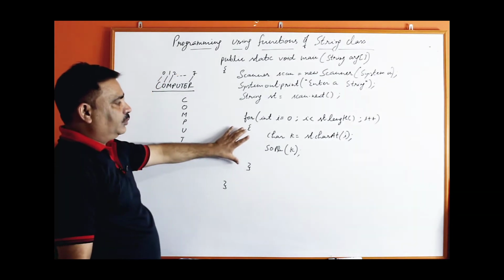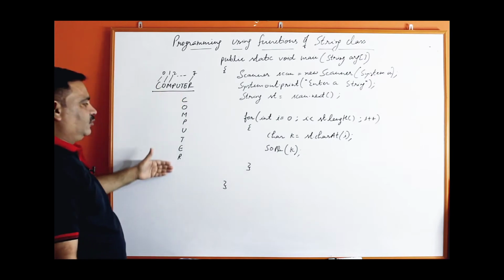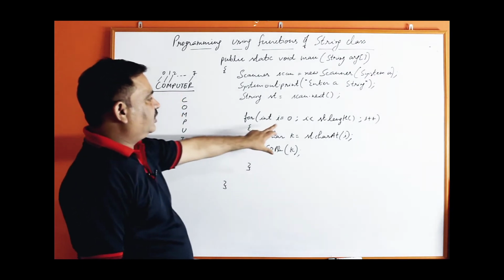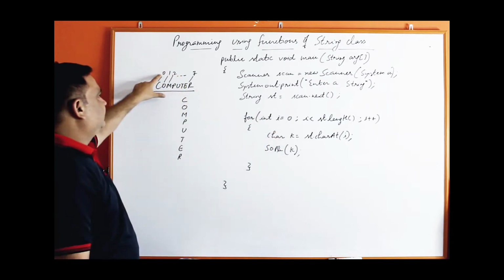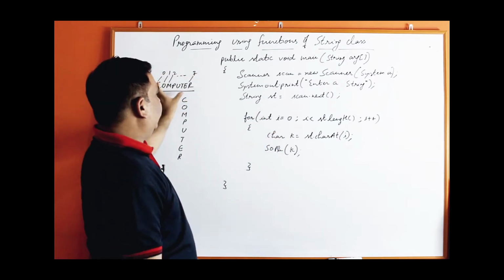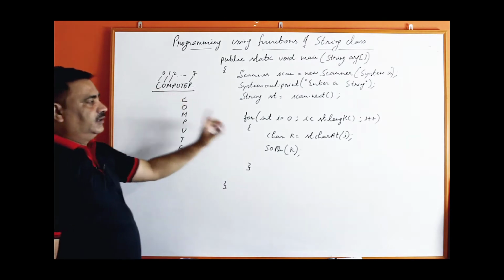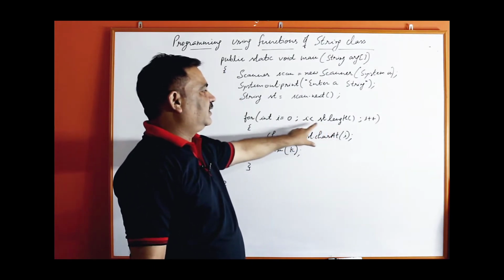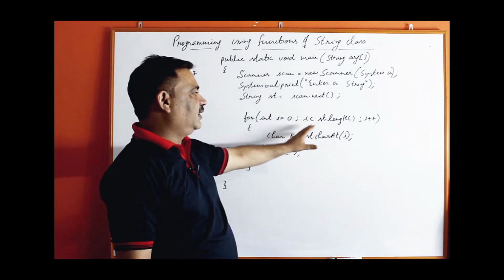With the help of this program we can get such kind of output for an input word. See the working: the loop started from 0 up to 7, total length is 8, number of characters are 8. So less than 8, the length function I have used here, less than 8 means up to 7, 0 to 7 is the loop.